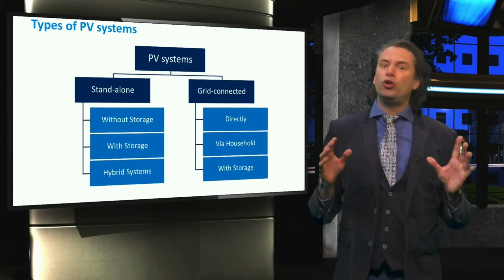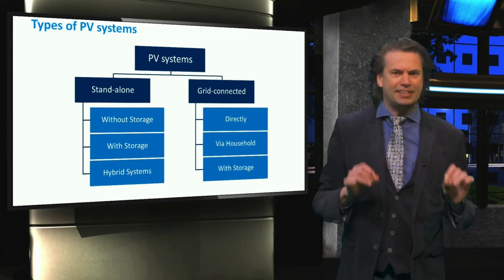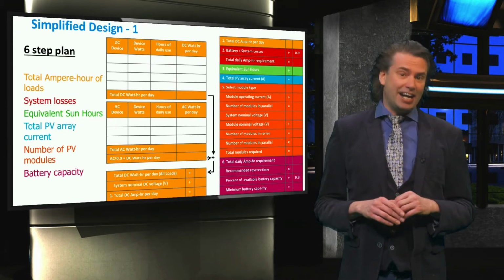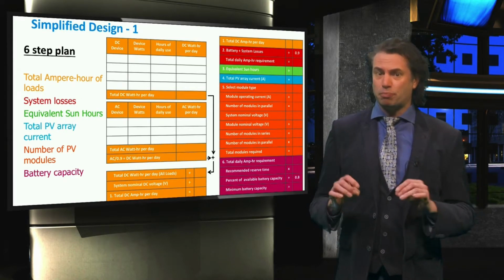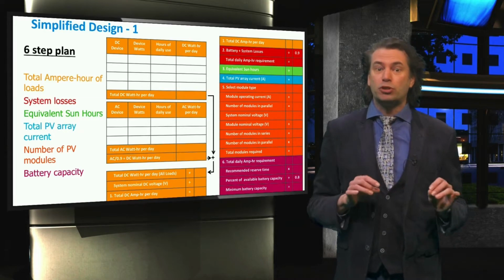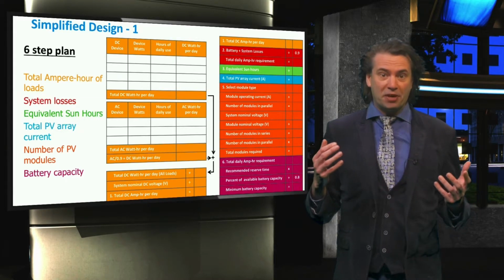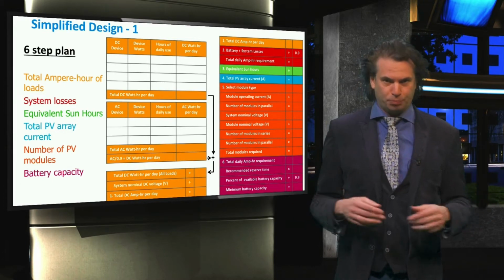In this course we looked into two different approaches to perform a simplified design of a PV system. In the first design strategy, a very rough estimation of the PV system design is performed with minimum inputs by knowing only the number of loads, their daily operational time and the type of PV module used.